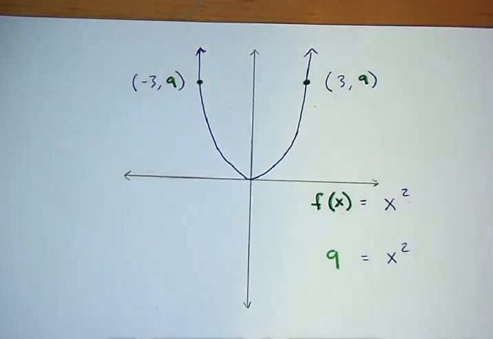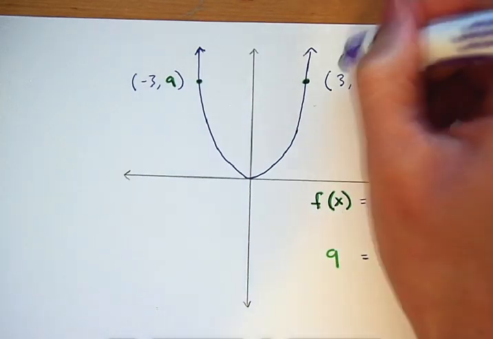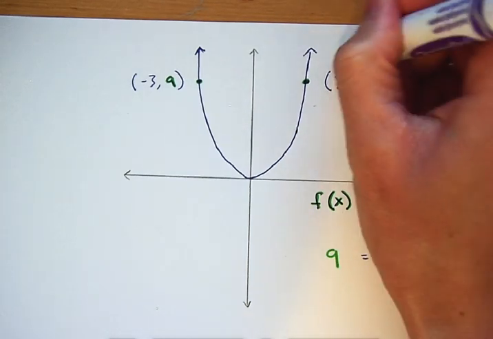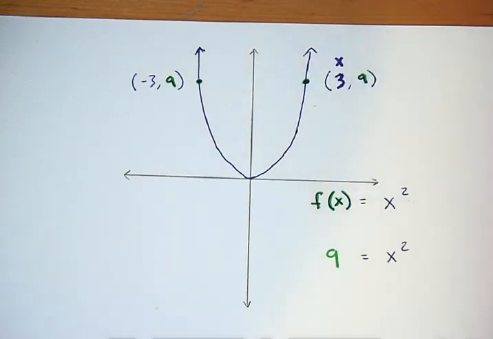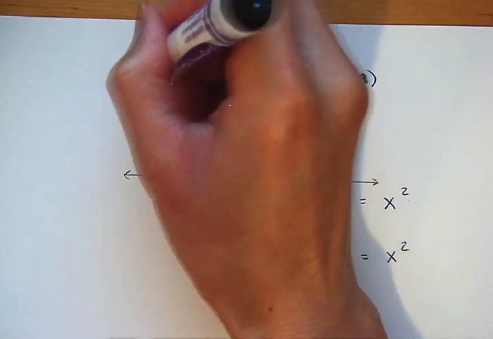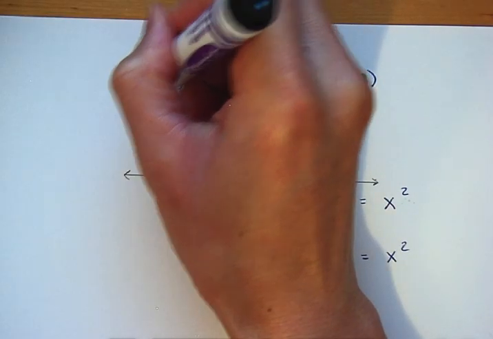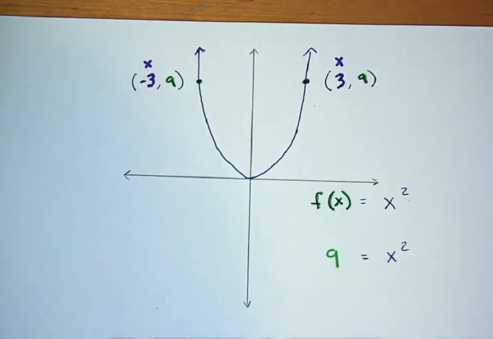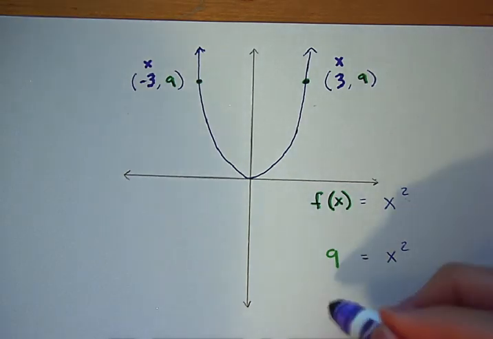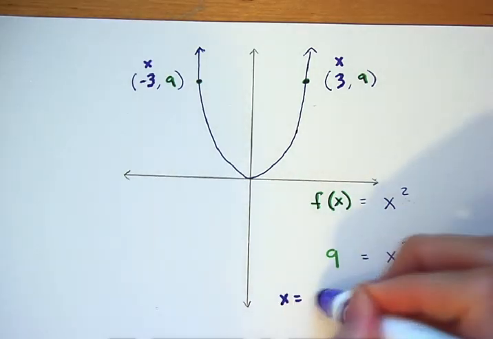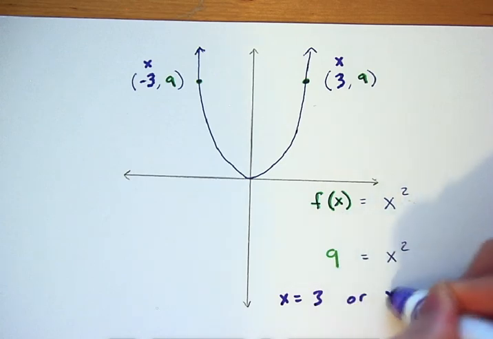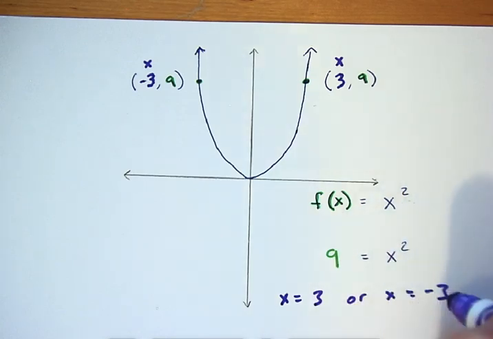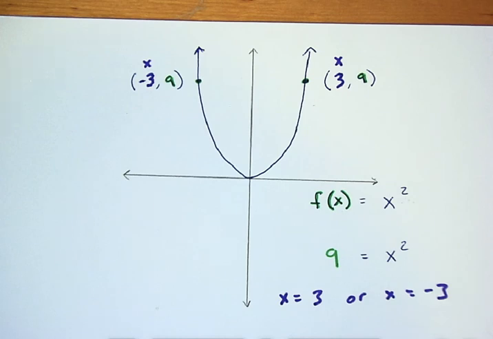And when your y is 9, my x is 3, or my x is negative 3. That's one way to think about it.